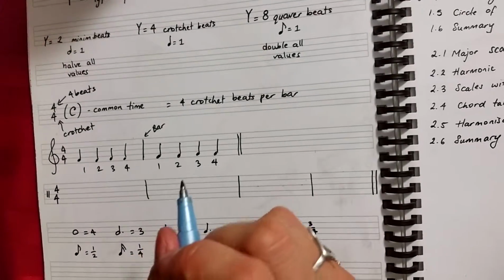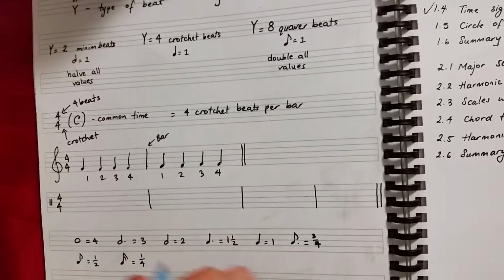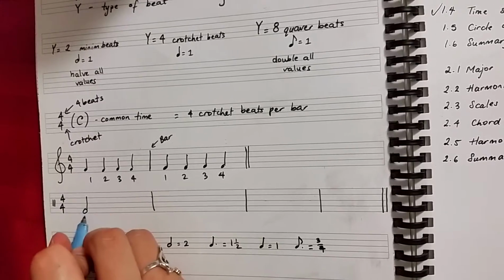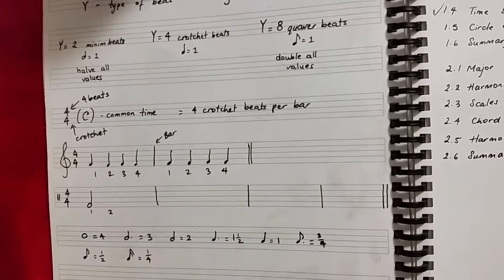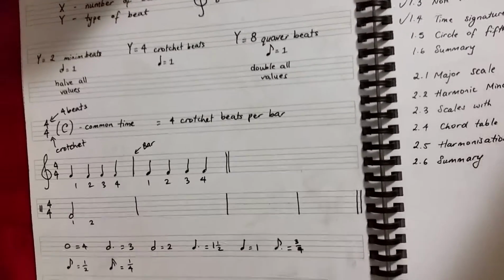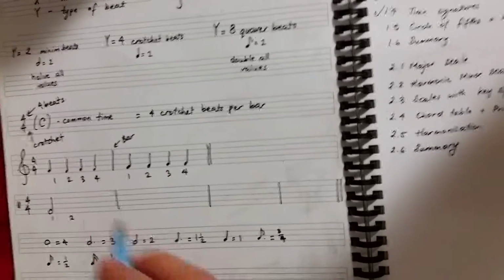Alright, so let's make a rhythm. I'm going to randomly choose a note. I'll pick the minim. Okay, I have used up 2 beats in that bar. I need to have 4 beats in total. So I have 2 beats left to use. What I could do, I could be a bit more creative. I could use the 1.5.